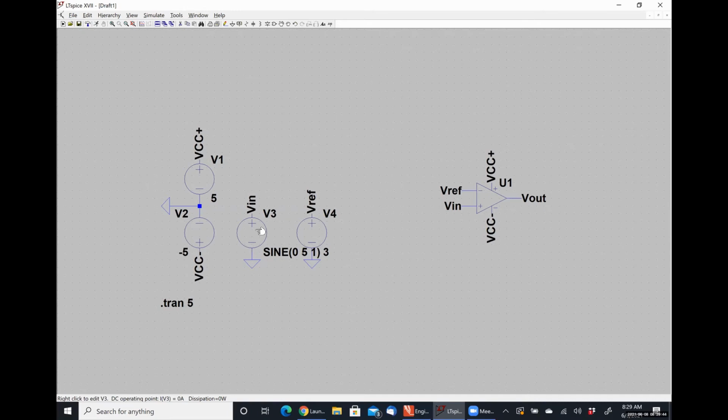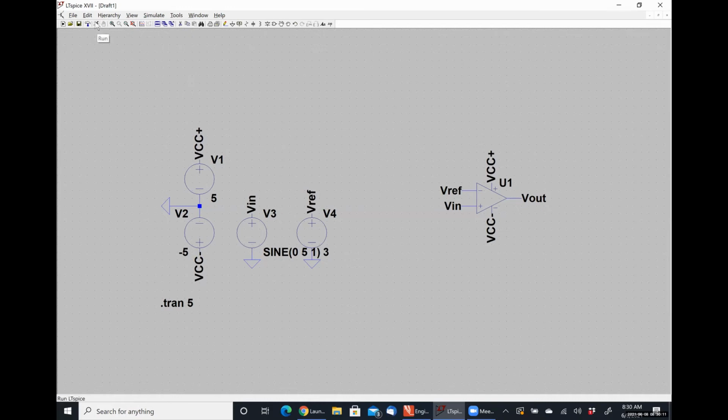The reason I'm using a sinusoidal voltage source is so that I can sweep my voltage from positive 5 volts to negative 5 volts back and forth. It really doesn't matter if I used a square wave or whatever to do this. I just want to be able to vary my input voltage. So I'm just using a sinusoid because I'm lazy. And then my reference voltage is created by just using a simple DC source.